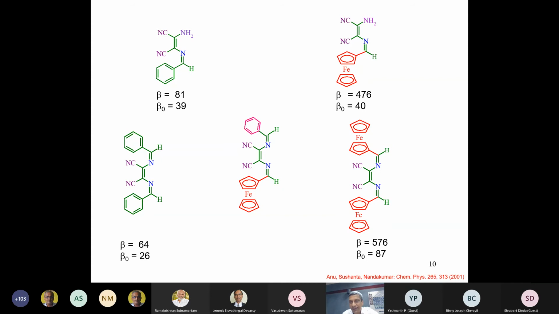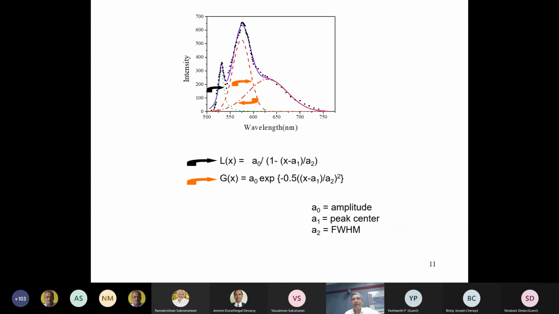But by that time, we had another postdoc who joined, a physicist from IIT Madras, Nanda Kumar. And Nanda Kumar said, let's do this experiment where we scan the second harmonic light through a monochromator.